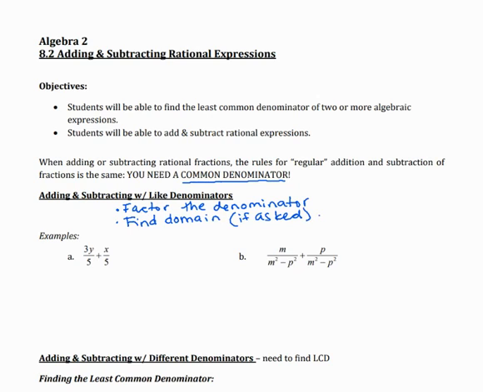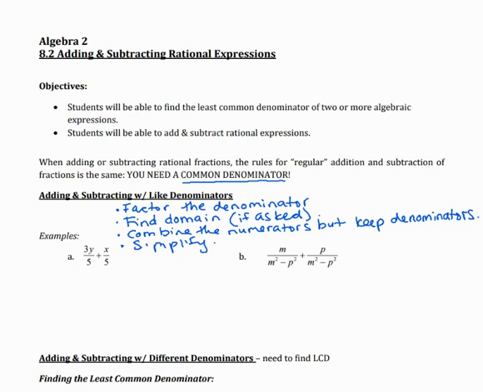If it doesn't, then don't worry about it. Then combine the numerators, but keep the denominator the same. And lastly, simplify.